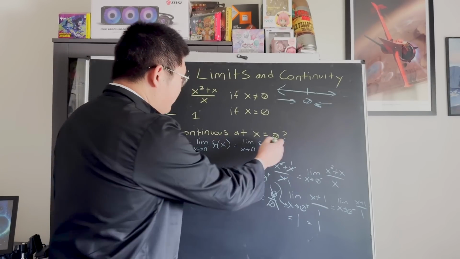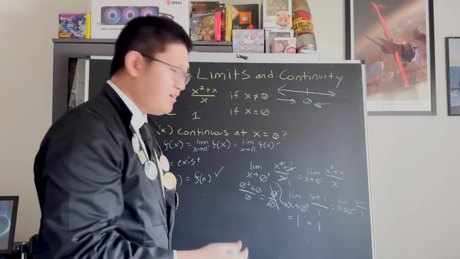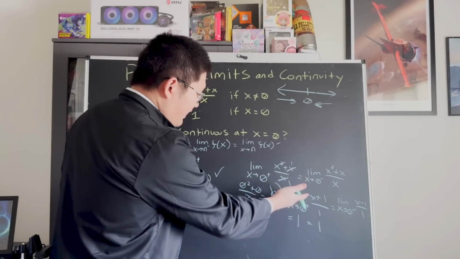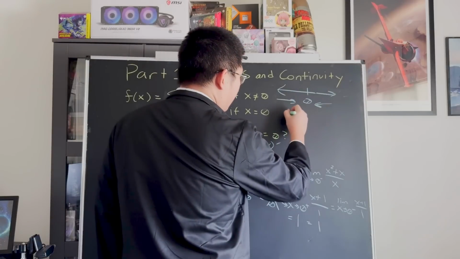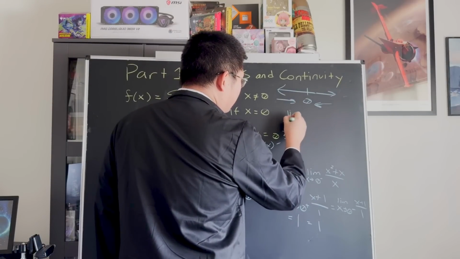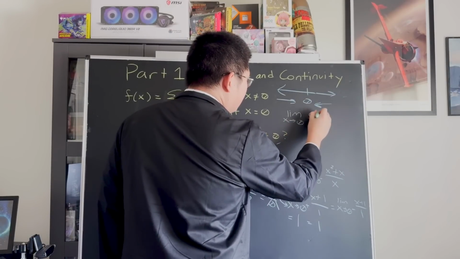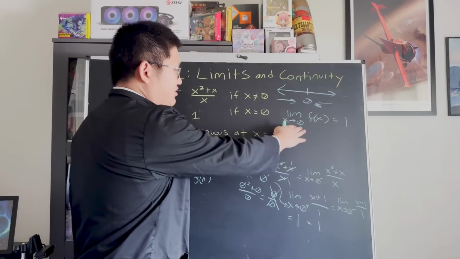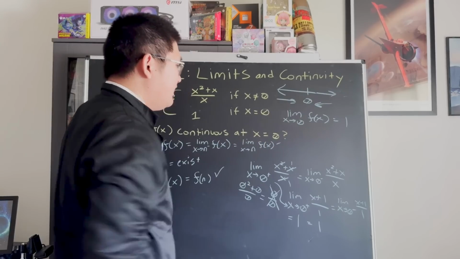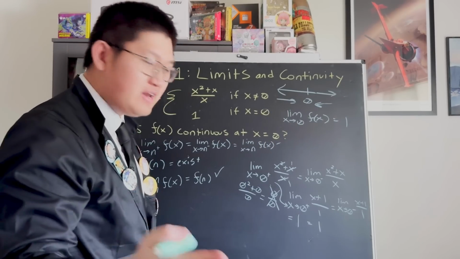Well, it looks like we've checked off our first step right there, because we've shown that x approaching 0 from both sides will give us exactly 1 on either side of that limit. So we can make that note that the limit as x approaches 0 from both sides for the function is going to be 1. Very nice.